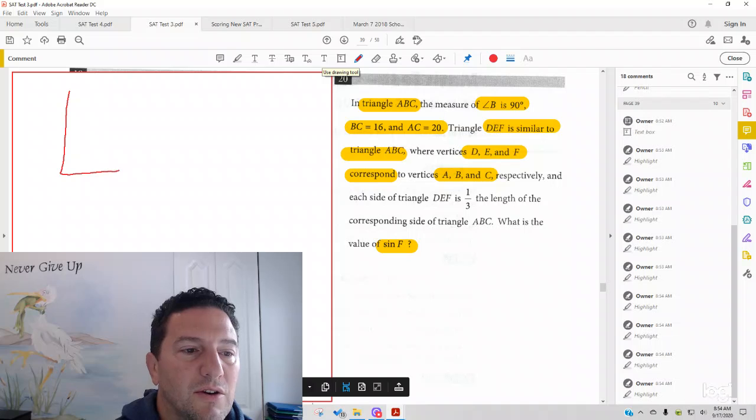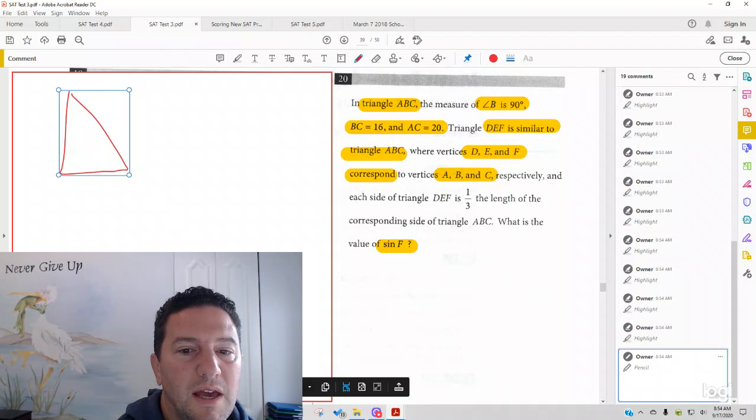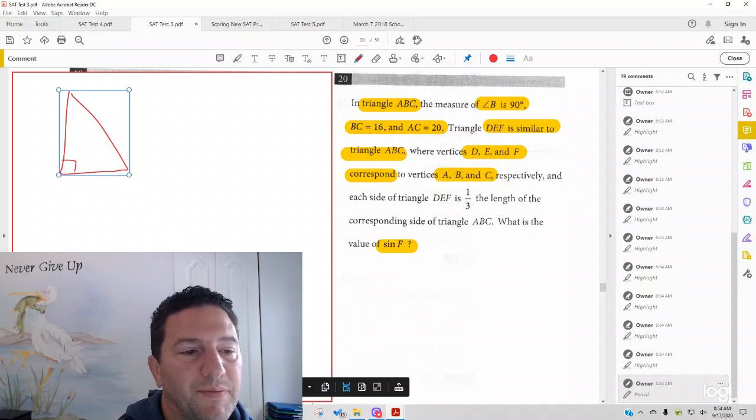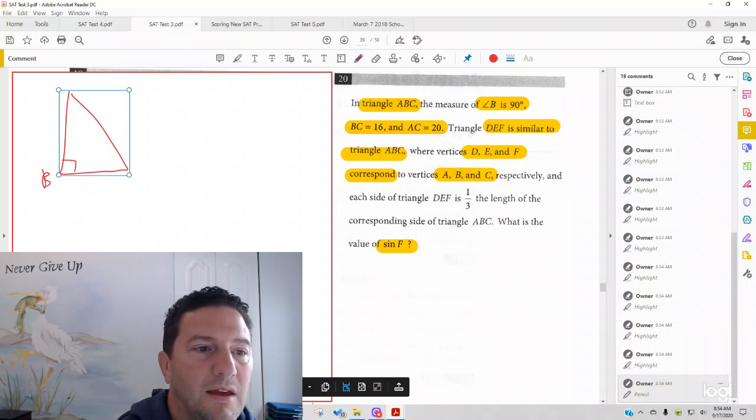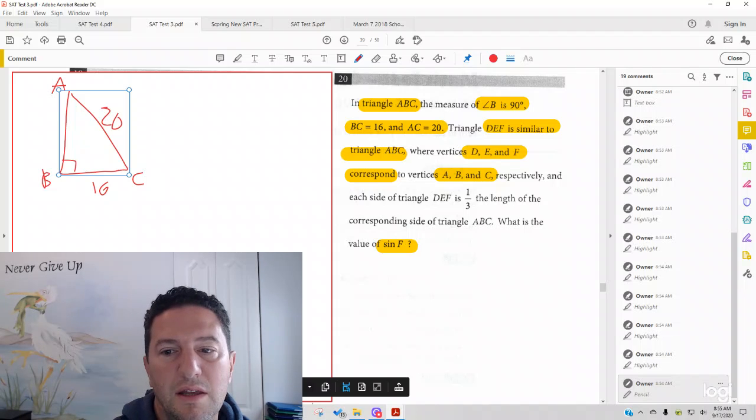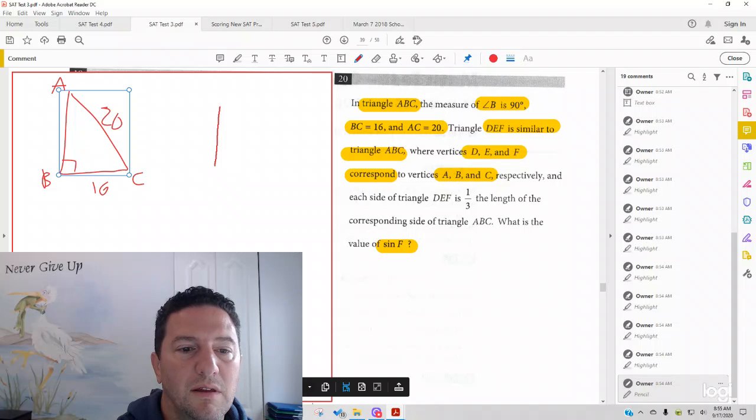If we make our triangle, it tells us that angle B is 90 degrees. Granted, that's not a perfect triangle. Let's say A and C, and it says BC is 16, AC is 20, and then DEF is similar, but it's 1/3 the length.